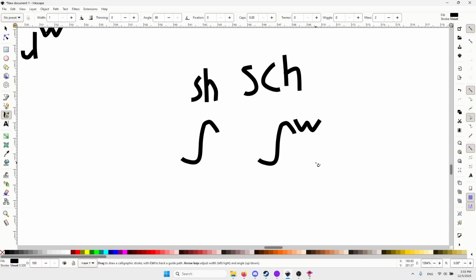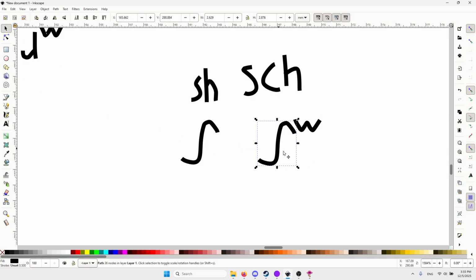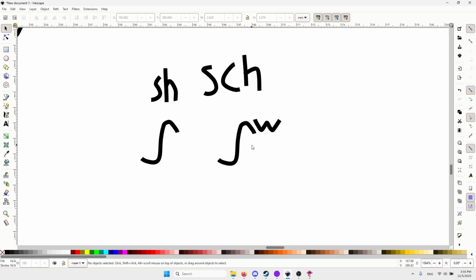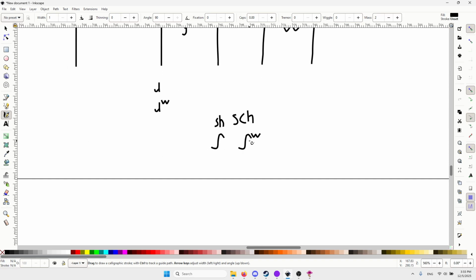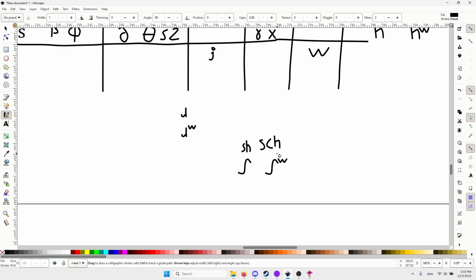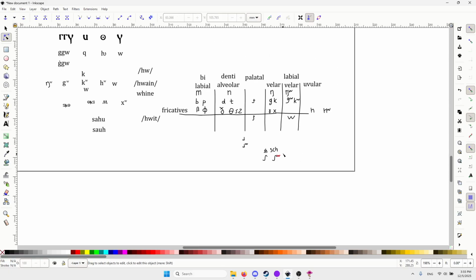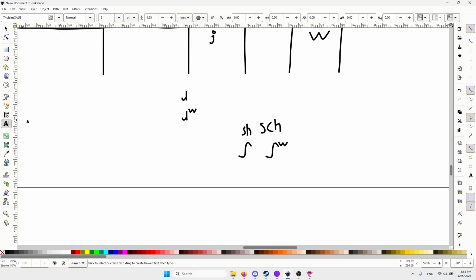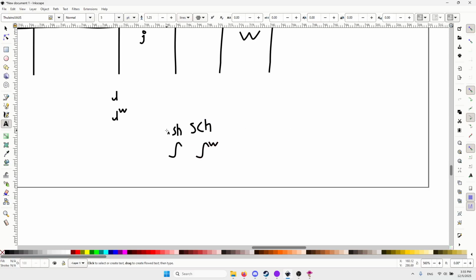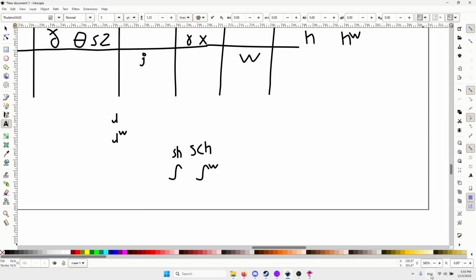So, schauen, schade, with this labialization as opposed to the English sound. I'm probably butchering that, but in any case, it's not the same thing as schwa. It's not schwade.